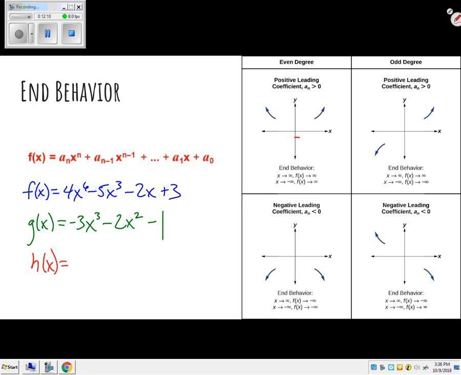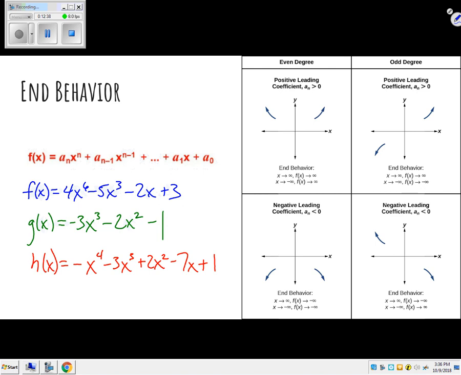And my h of x, let's do negative x to the 4th minus 3x cubed plus 2x squared minus 7x plus 1. So what I'm looking for in end behavior is how the graph is going to behave as it goes off the ends of my paper, or off the ends of my axis.